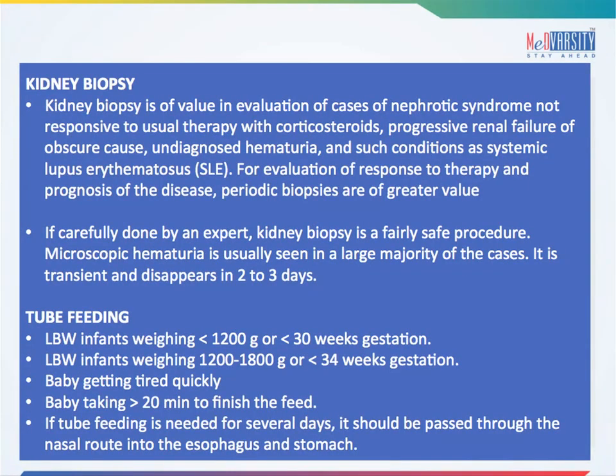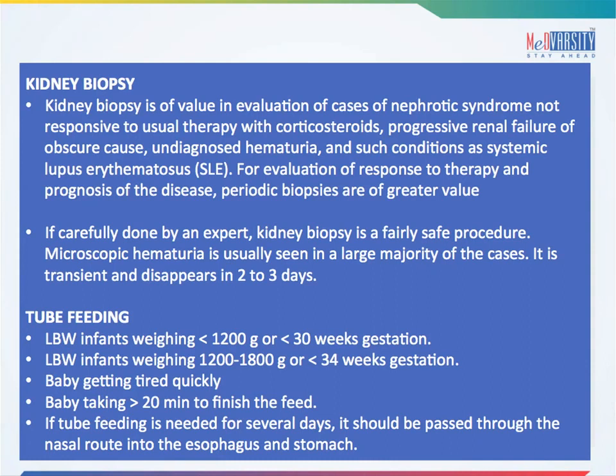Kidney biopsy. Kidney biopsy is of value in evaluation of cases of nephrotic syndrome, not responsive to usual therapy with corticosteroids, progressive renal failure of obscure cause, undiagnosed hematuria, and such conditions as systemic lupus erythematosus (SLE).